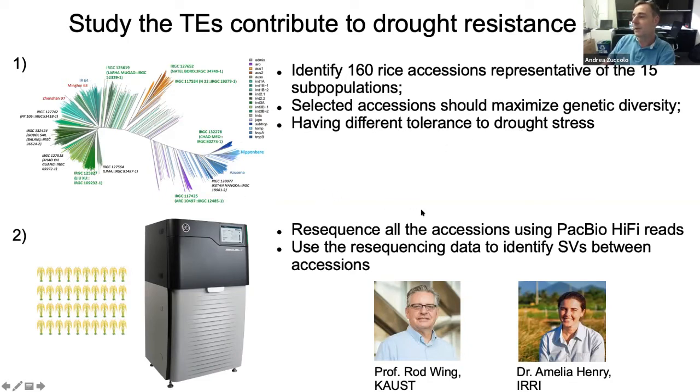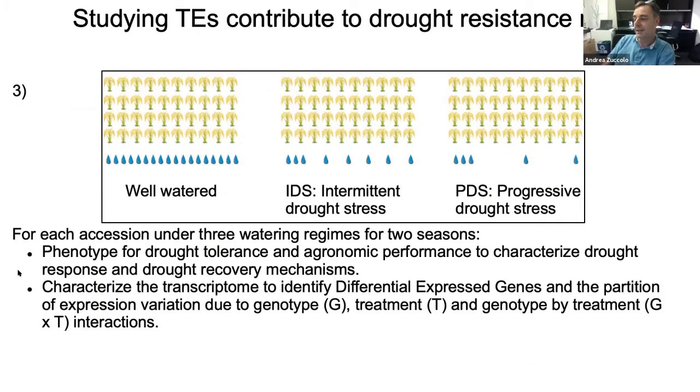All of them will be resequenced using PacBio HiFi reads, and the data will be used to define SVs between them. Then each accession will undergo 3 watering regimes for 2 seasons. We will have a control, well watered, then intermittent drought stress, and progressive drought stress.